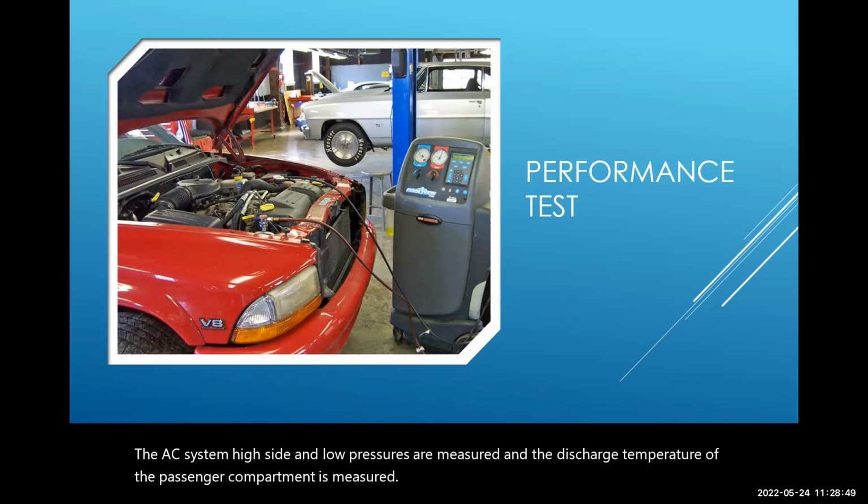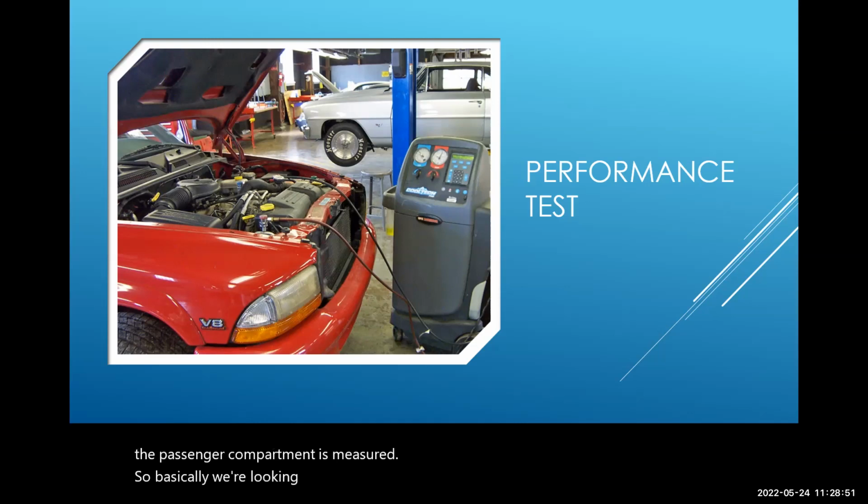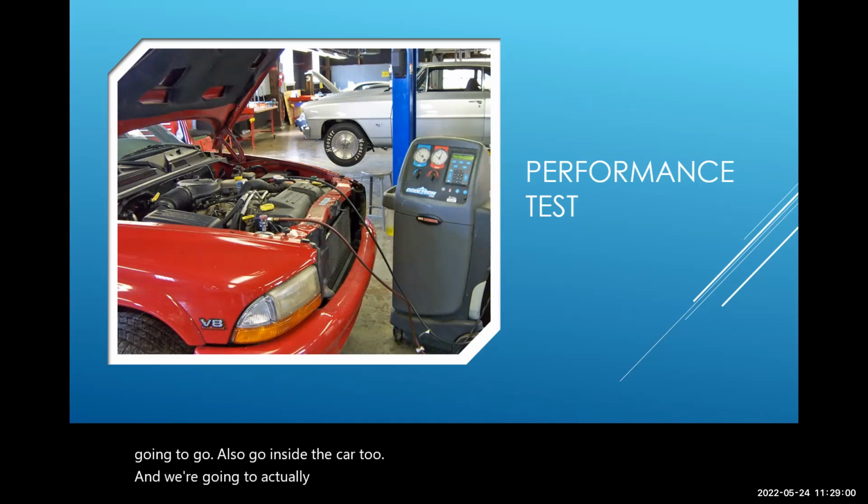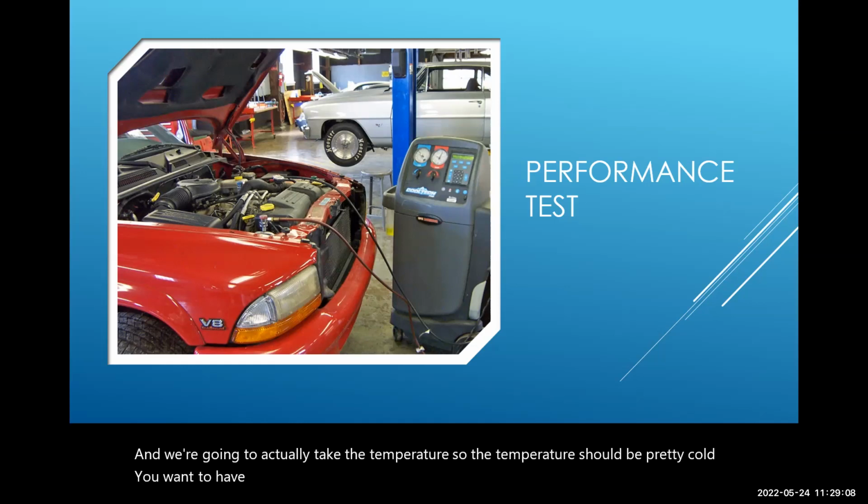So basically, we're looking at the pressures on the high side and the low side, and then we're also going to go inside the car and actually take the temperature. So the temperature should be pretty cold. You want to have good performance to make that cool enough for the customer.